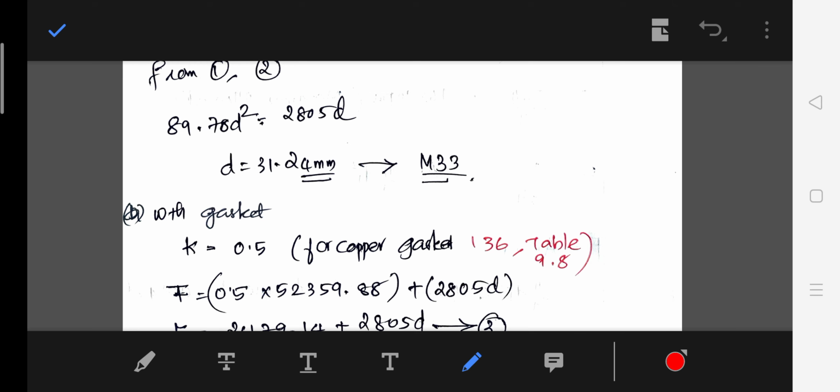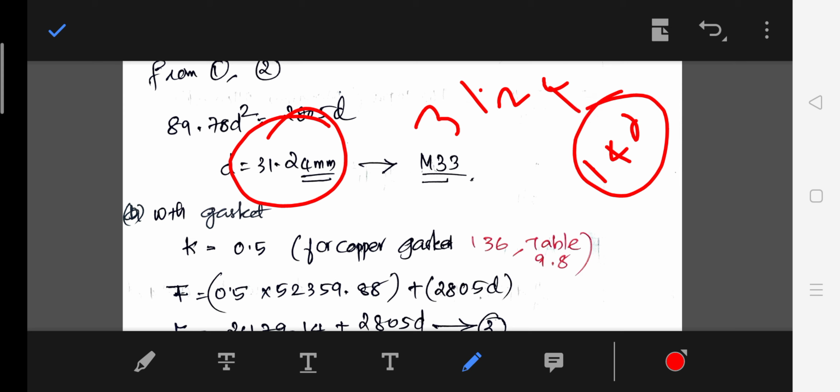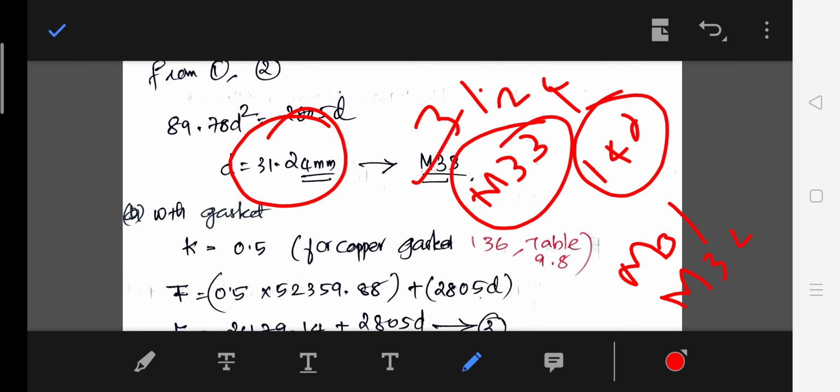We get the value of d as 31.24. So check in the data book, page number 140, whether M31 is available. No, it is not available. Check whether M32 is available. No, M32 is also not available. So the available thread is M33. So we'll take M33.